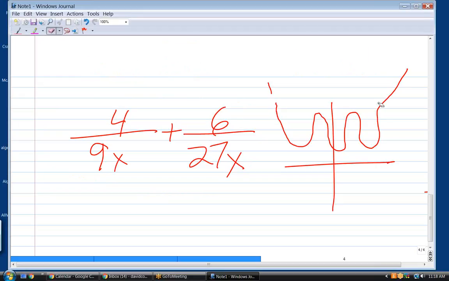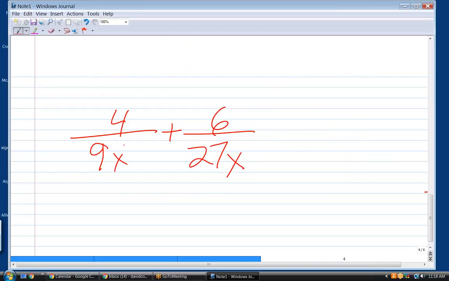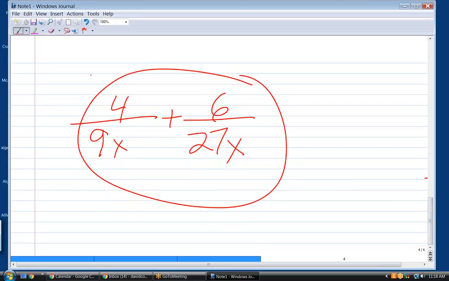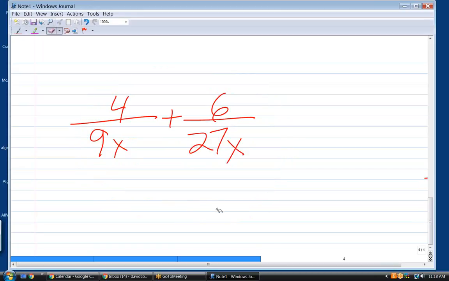Okay. We're supposed to simplify that fraction. How do we add these 2 fractions? Don't we find the common denominator? Yes. What is it? Would you just multiply 9 by 3? In other words, with variables, frequently you end up multiplying this denominator by this denominator to find a common denominator. But in this case, you don't need to do that.